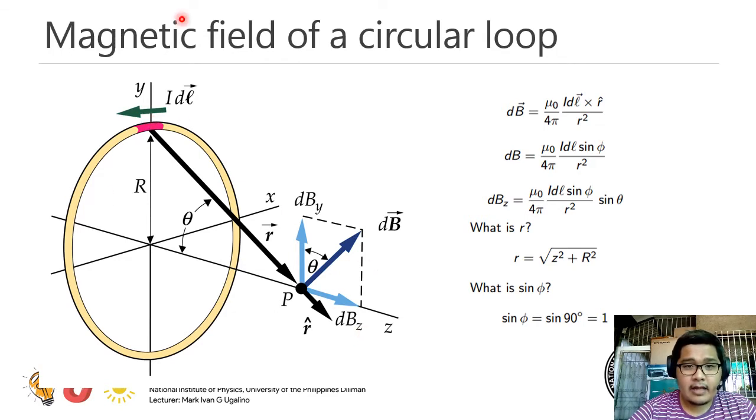Now, if we try to translate this vector, you know that dl is a vector here, translate this vector towards this point, you will see that dl is actually pointing that way. So this is your dl.